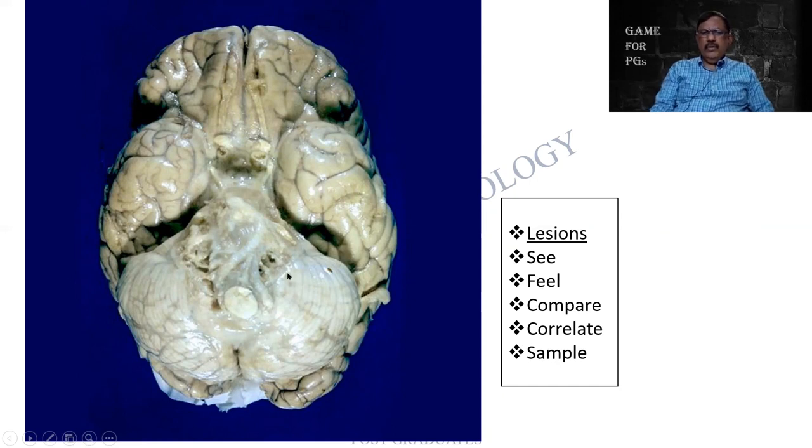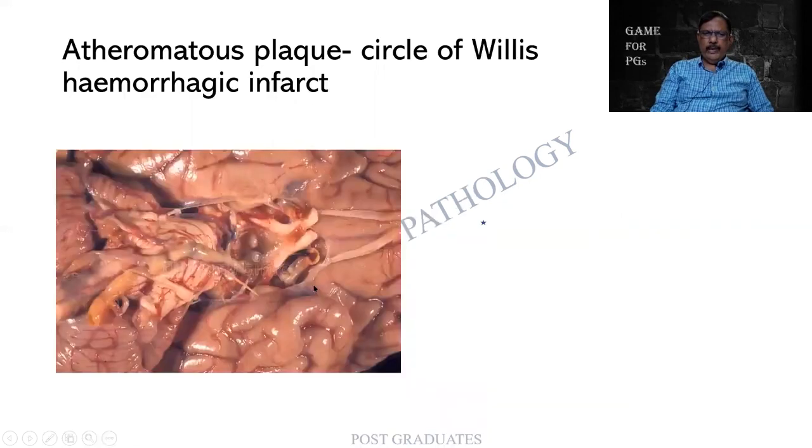This is a case of basal meningitis with opacity of the meninges. Also, the circle of Willis is notorious for a hemorrhagic infarct, in which you will have to look for any atheromatous plaques, yellowish in color, distended, where there has been a stasis.